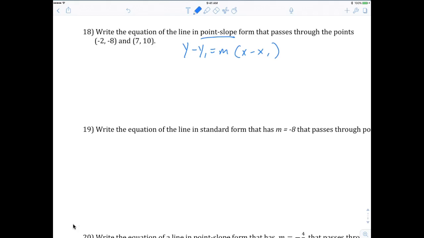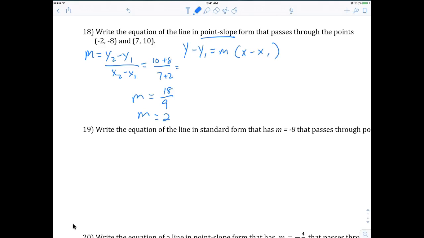So I have to find the slope by saying m equals y2 minus y1 over x2 minus x1. Is everybody happy with that? So let's see how we're doing. 10 plus 8 over 7 plus 2. So 18 over 9. So m equals 2.